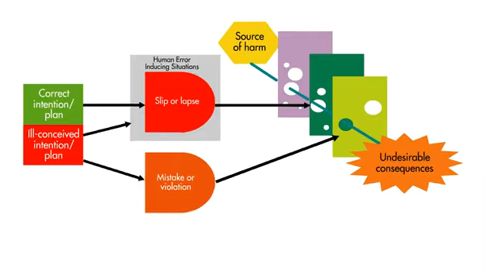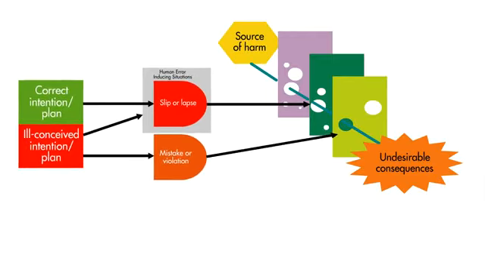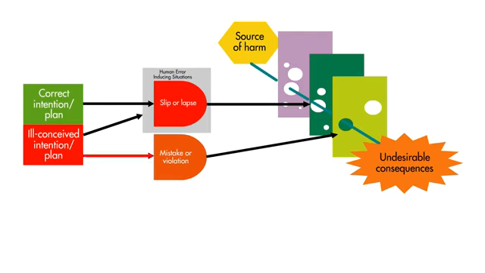To reduce the likelihood of incidents, the focus should be on ill-conceived plans, because they cause barriers to fail directly through mistakes and violations. Indirectly, they create situations in which slips and lapses are more likely to happen, or result in systems in which a lapse or slip cause the last remaining barrier to fail.